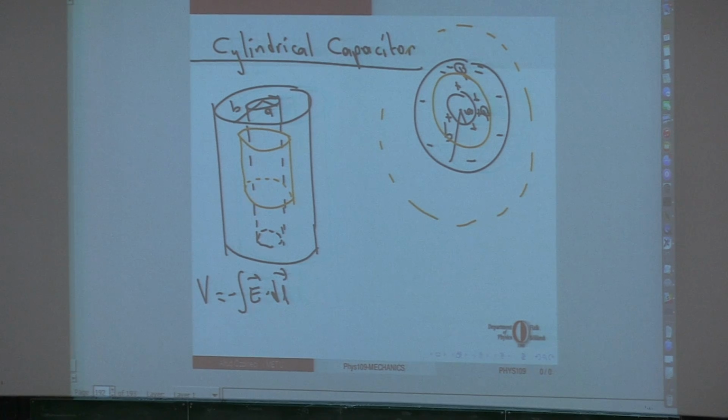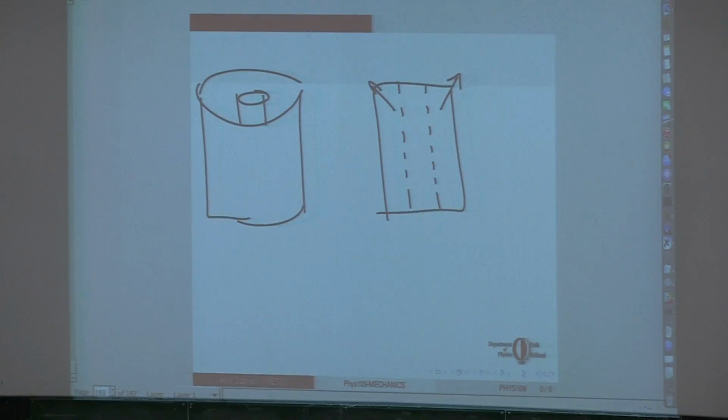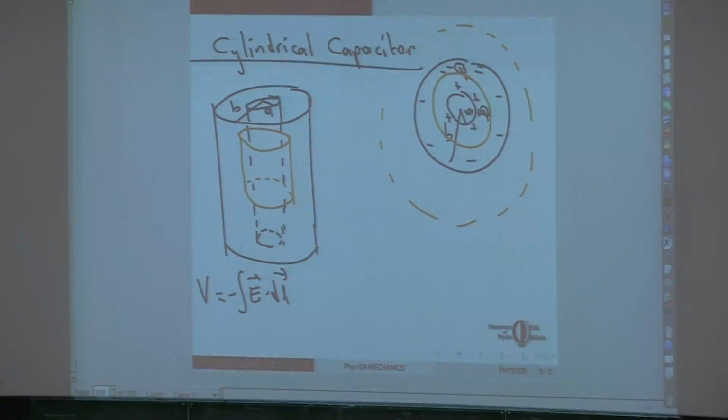This one is completely symmetric. This has cylindrical symmetry. It doesn't have any problem. But your friend is kind of approaching. You can think of a limit, for example, when the radius of these cylinders becomes very, very large.